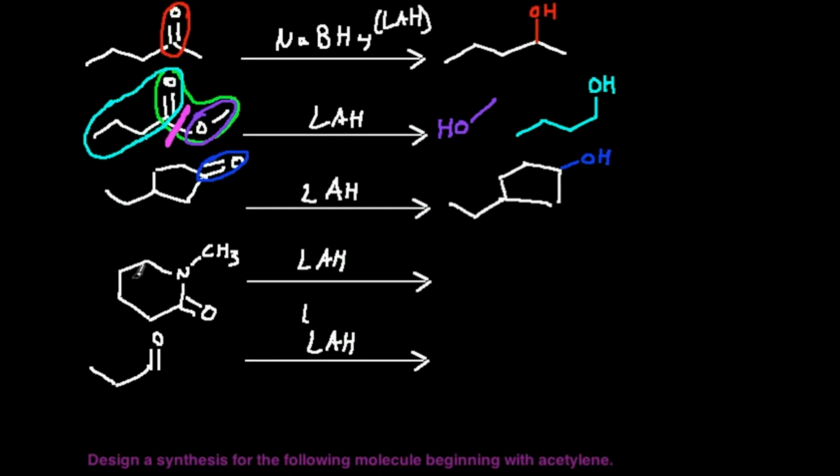Okay, next, what functional group do I have here? This functional group looks to me like an amide, okay? I really didn't need to include this CH3, but that's an amide. And does LAH reduce amides? Yes. Does sodium borohydride reduce amides? No. Now, what's the strategy we talked about for amide reduction in the last video?